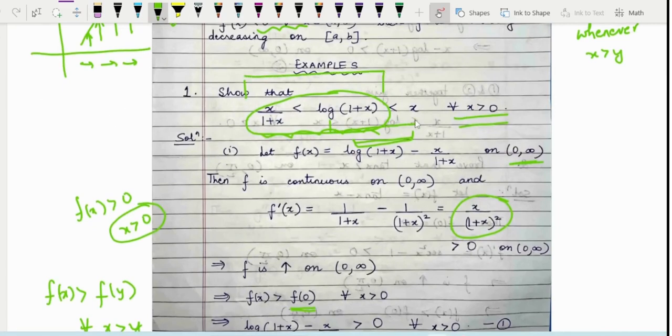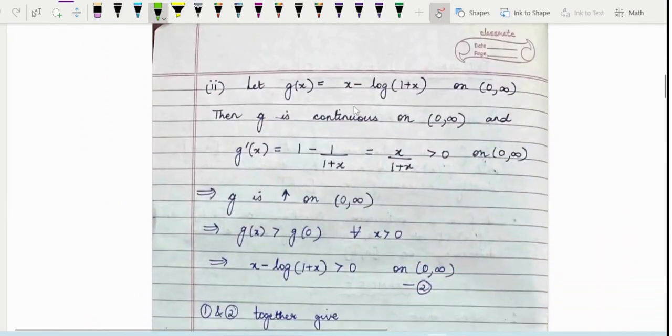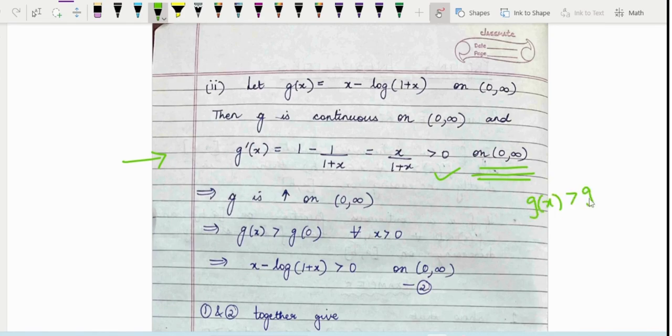Now focusing on the second part, in a similar fashion, you will consider another function g, or h, whatever you want to call it, as x minus log(1+x). When you do that, on the same lines, finding the derivative of this function, the derivative turns out to be strictly positive on the domain which is given to us, meaning thereby that g is also strictly increasing, and hence g(x) is more than g(0) whenever x is more than 0, because g increasing means g(x) is more than g(y) whenever x is more than y.